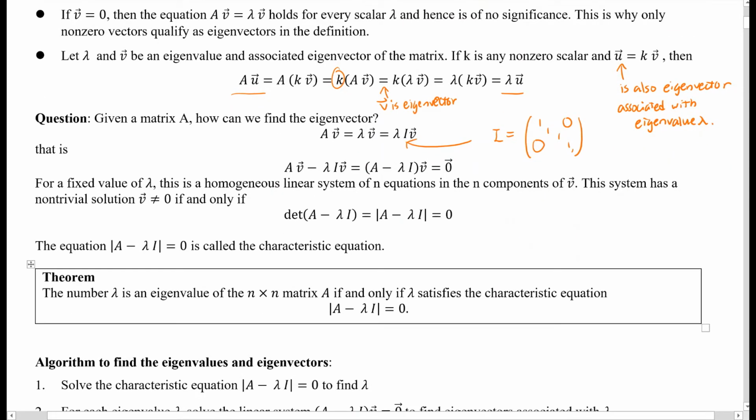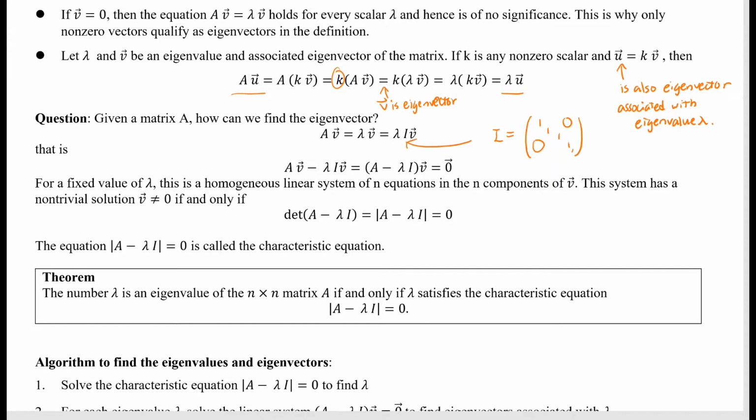For fixed lambda, this is a homogeneous linear system of n equations in the n components of v. This system has a non-trivial solution, v not 0, if and only if the determinant is 0. So far, so good, everybody? This is a homogeneous linear system, and from linear algebra, we know that a homogeneous system can only have two possibilities: a unique solution that is the trivial solution, the zero vector, or infinitely many solutions.